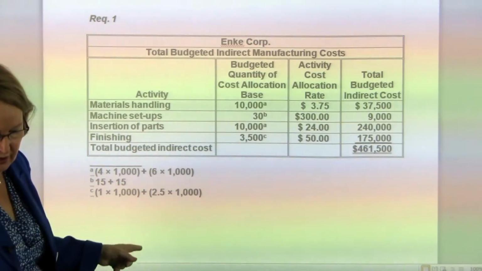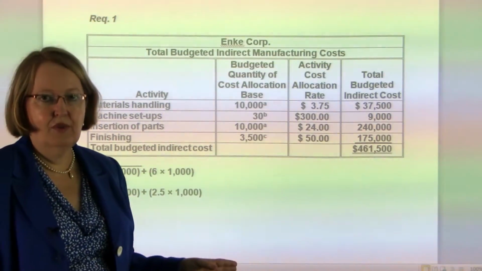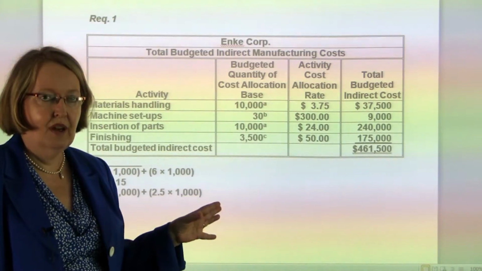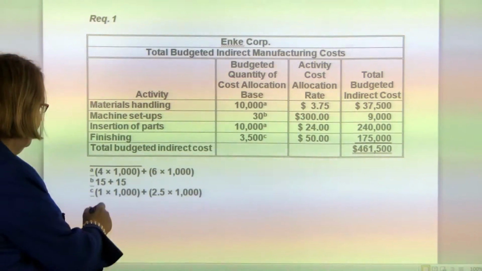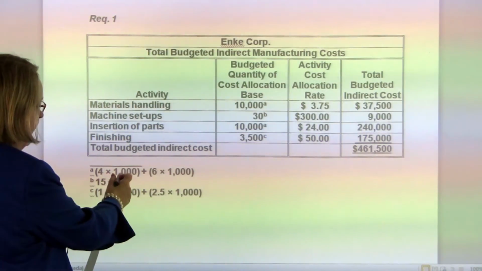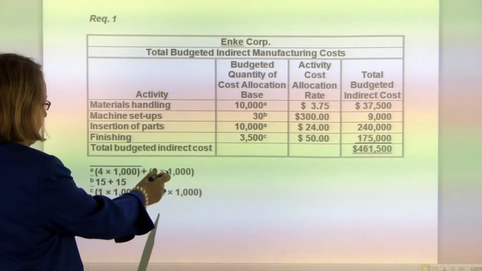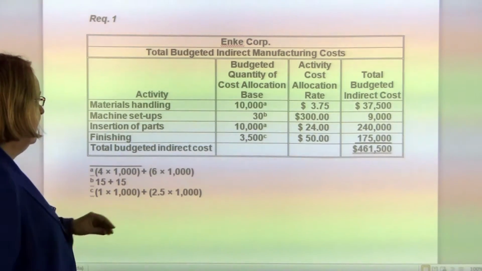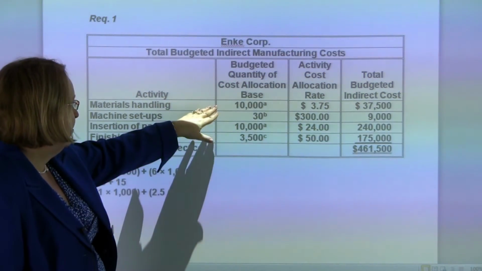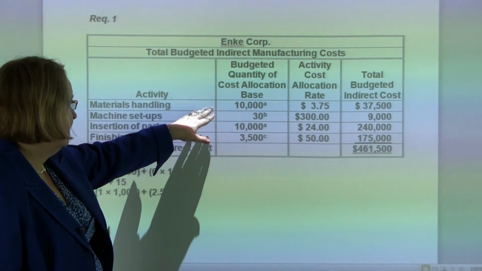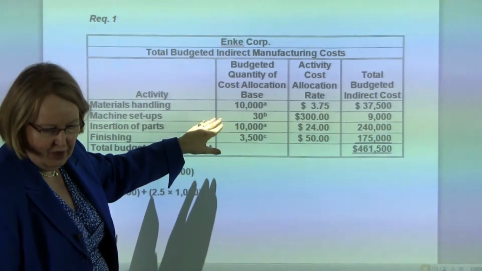And the total number of units they're producing for each of these products is 1,000. So it's 4 times 1,000 plus 6 times 1,000, and that is the total number of parts that you have here for materials handling. It's 10,000 parts.